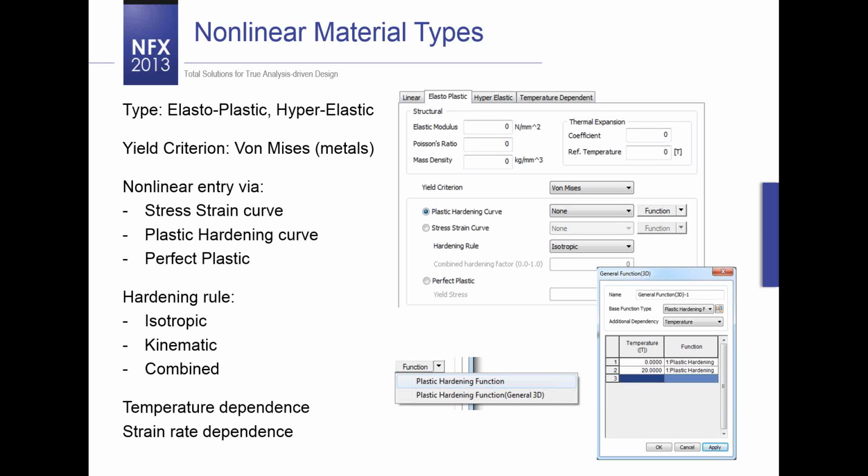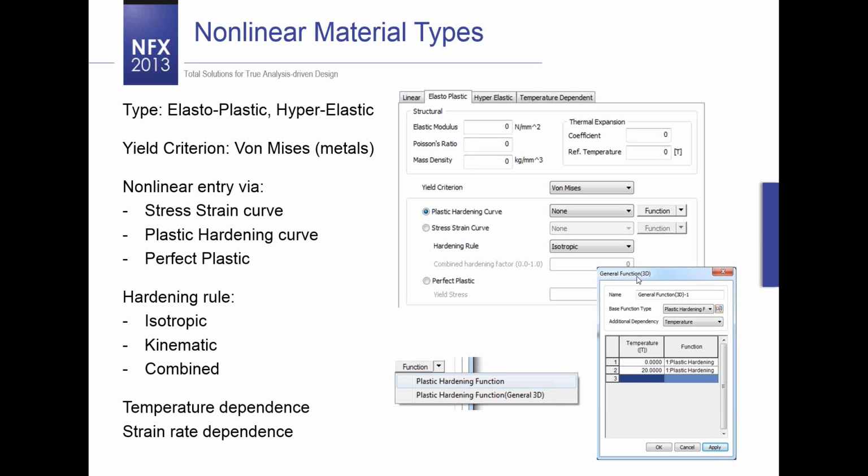And the other thing is that every kind of these nonlinear materials requires input data. In this case, we can provide this nonlinear data using, let's say, a stress-strain curve. We can provide this nonlinearity data using a plastic hardening curve, and we can use the perfect plastic model, which is the third type supported by Midas FX.